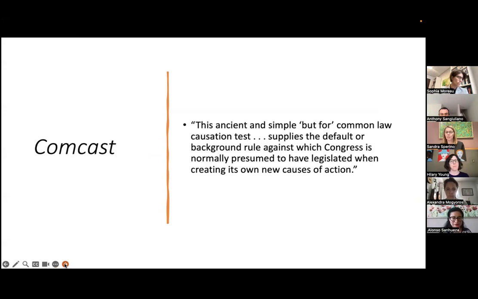There was a case right after Comcast was decided. It was a BAB case, decided under the federal sector discrimination provision, where the court looked at the words of that statute. Those words said free from discrimination. And the court held that under those circumstances, Congress had spoken and the default rule no longer applied.